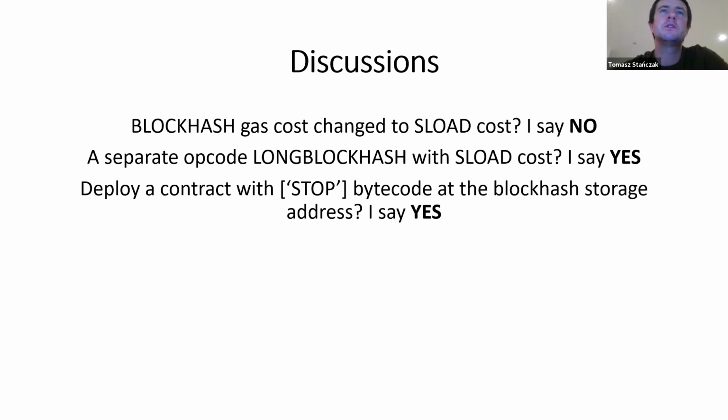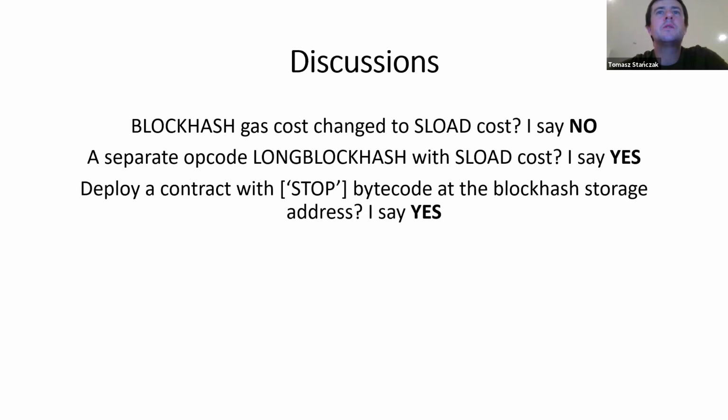So it's a bit of a question. My preferred solution would be to introduce another opcode, potentially long block hash, that would cost more, because then we don't change the cost of the existing opcode suddenly from 20 to 200, sorry, on the S-load, if it's repeated.